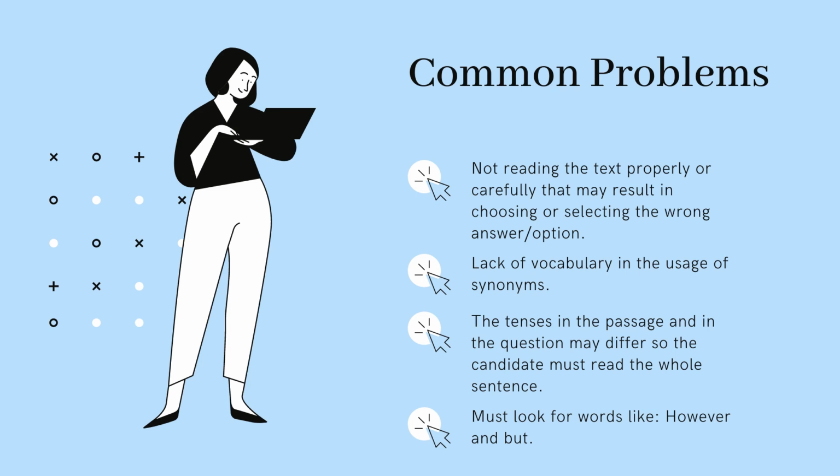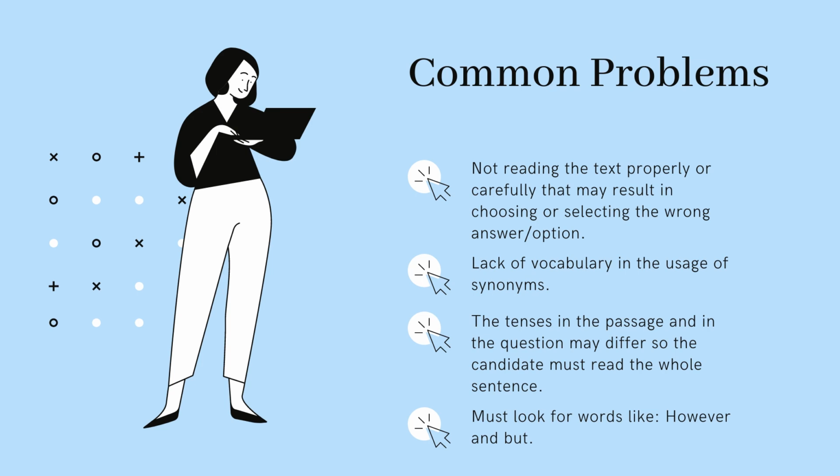Blind reading wastes time, so one has to scan the passage while answering the questions. Another problem is the lack of vocabulary, as students these days are not really interested in learning the synonyms of common words.